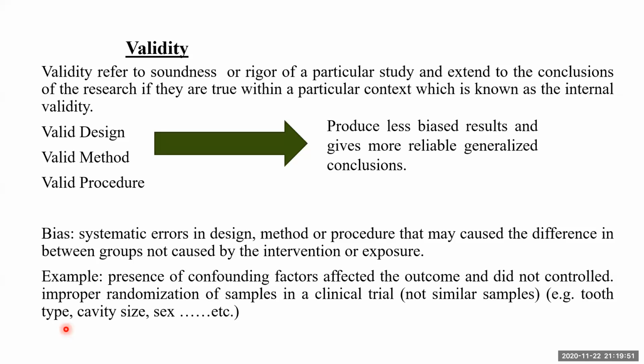If we have a different cavity size, for example, one-wall or two-wall or three-wall cavity, from one group to the other, this may affect the results. These are called confounding factors that should be addressed during designing the study or during implementing the method or the procedure of allocation or randomization.